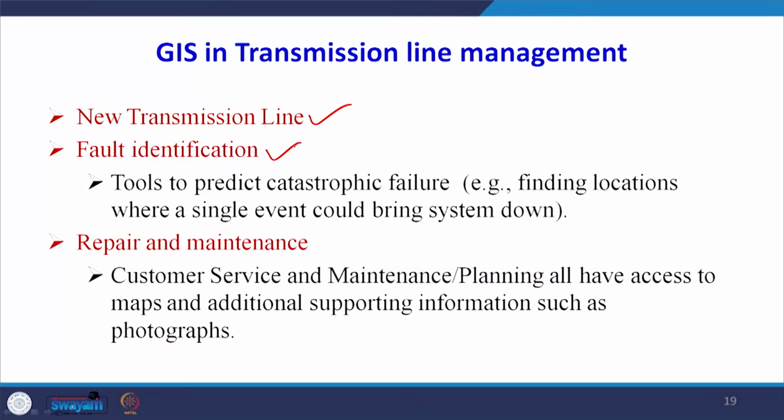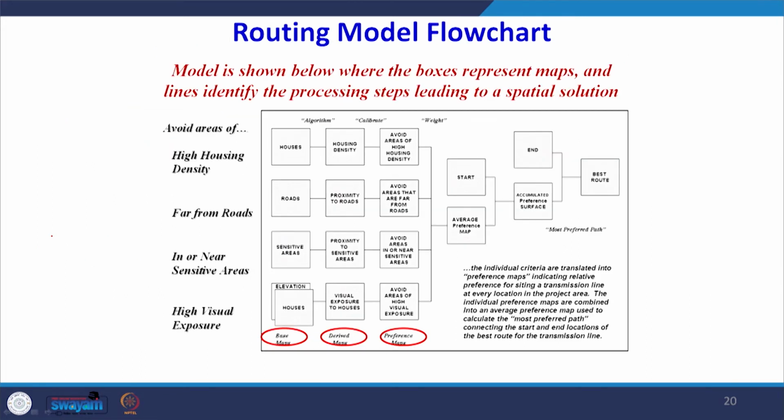So, the example is taken from transmission line management, where a lot of power engineers now are using the GIS for laying out a new transmission line or identification of the faults. So, they can find out the exact locations where the fault has really occurred and made the system down, or repair and the maintenance activity also, because for the repair and maintenance activity also you require the location of the site.